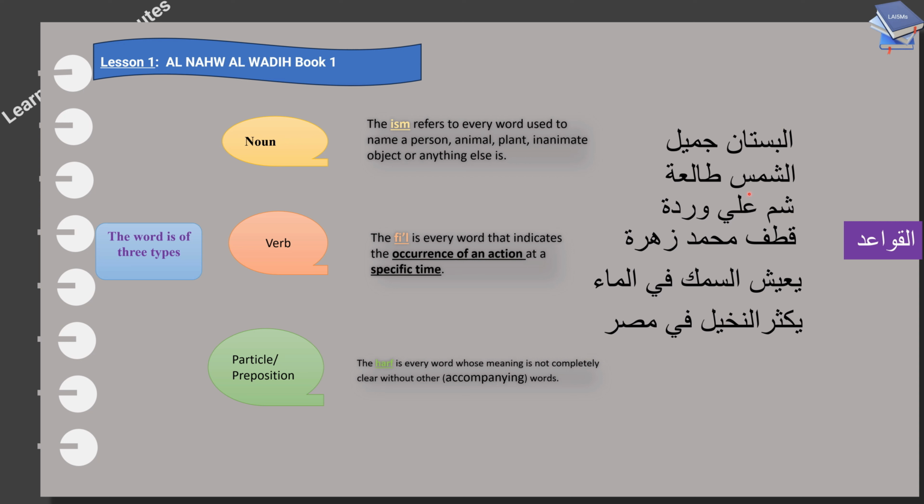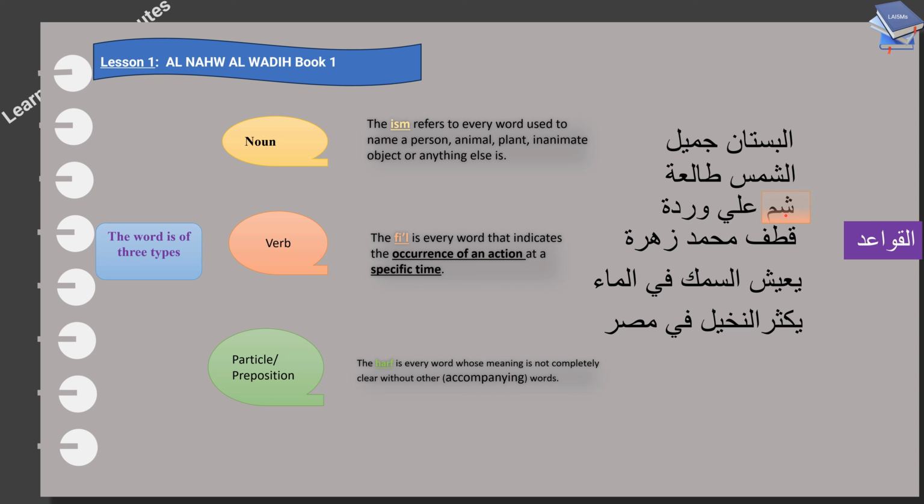So let's choose a few words that are verbs and particles. Before we do that, what's the definition of verb again? The fi'l is every word that indicates the occurrence of an action at a specific time. Right, let's see some verbs here.